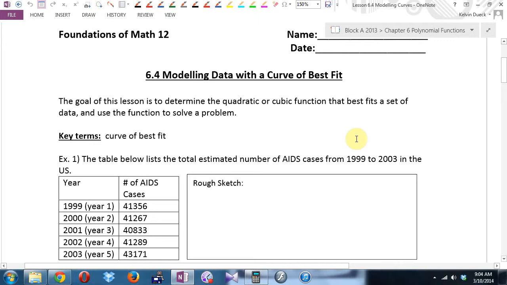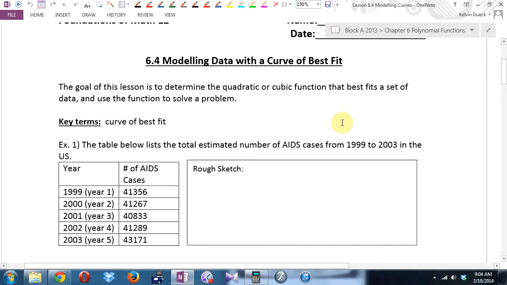The goal of this is to determine the quadratic or cubic function that best fits a set of data and to use that function to solve a problem. So we're going to try to find the curve of best fit. We do this in upper level physics all the time. You'll be in a lab gathering data, and they won't tell you the mathematical law.